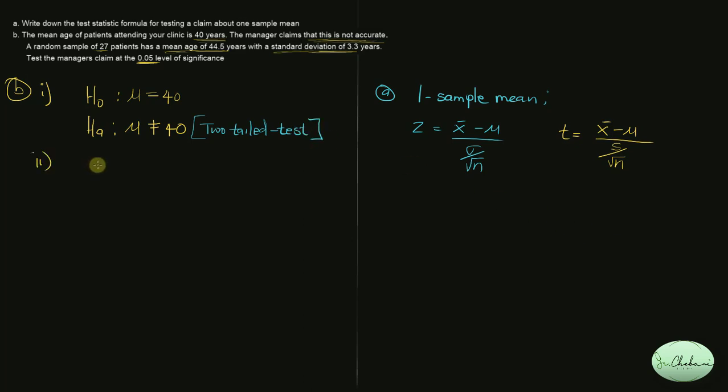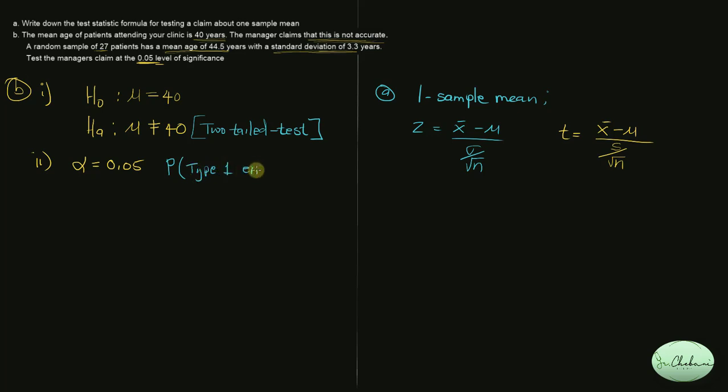Number 2 is to identify our level of significance. This is easy, it has been given. The alpha level, our level of significance, is 0.05. Just as a reminder, what this 5% implies is, by definition, the probability of a type 1 error.